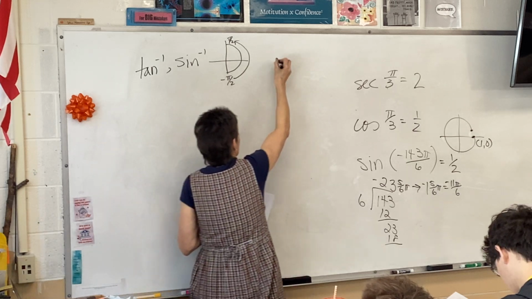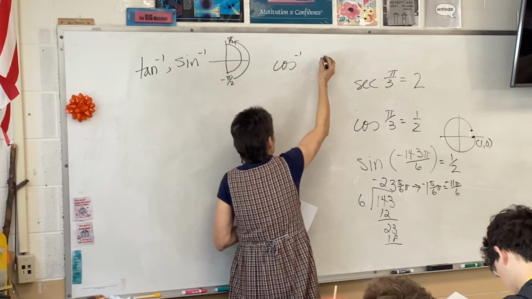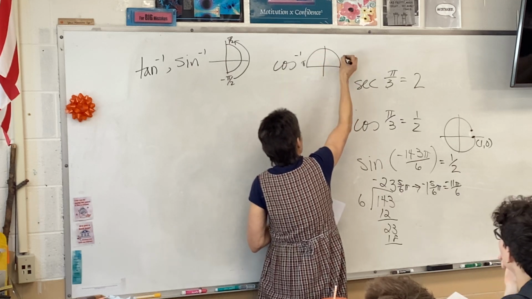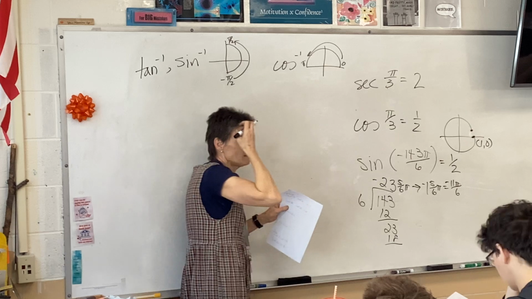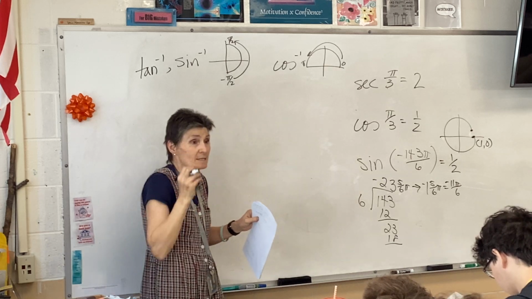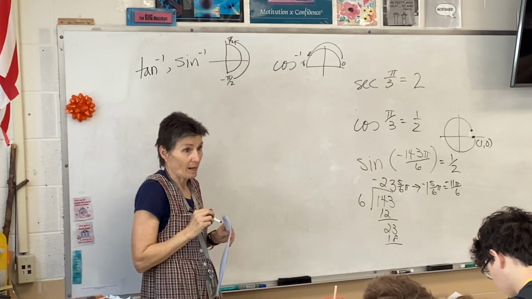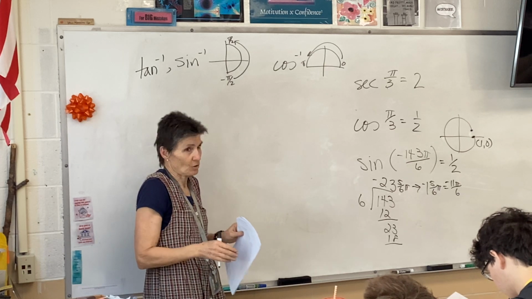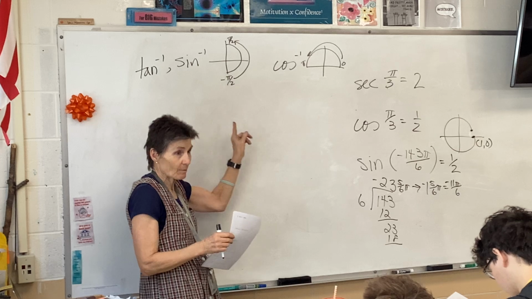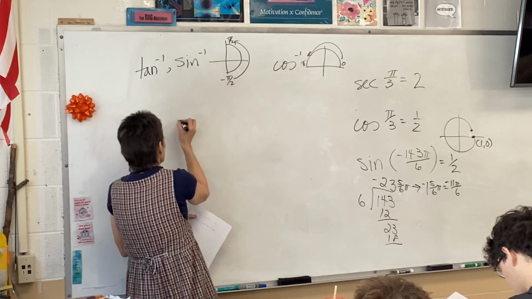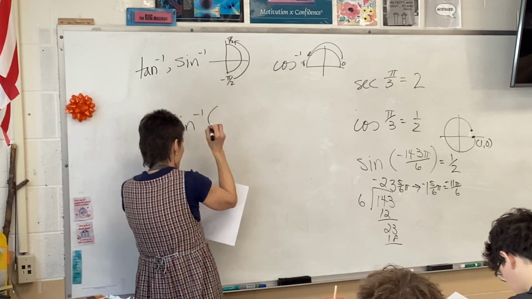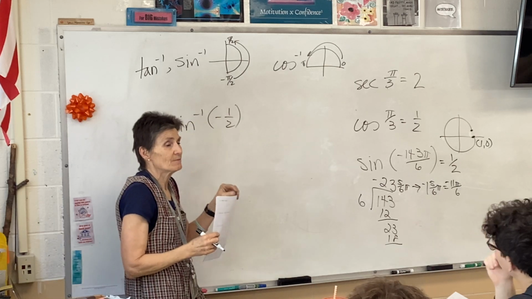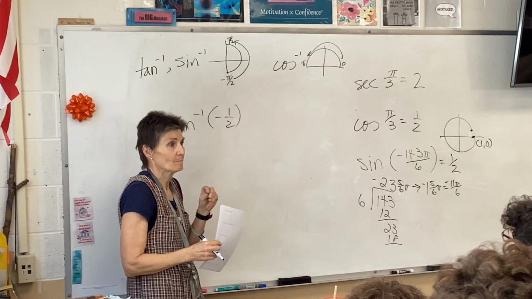Now, what about the inverse cosine? That is 0 to pi. Any answer you give me has to be between 0 and pi. So don't write down an answer unless it fits that right there. All right. We want to find some angle that has a sine of negative 1/2.